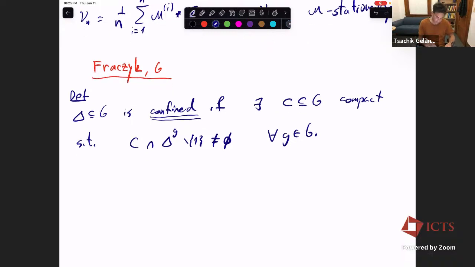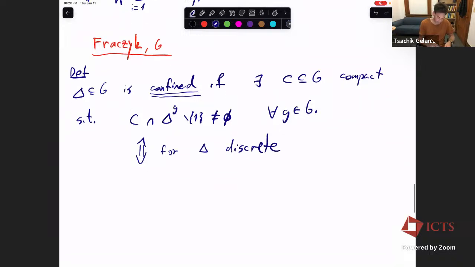So equivalent. If delta is confined, this is equivalent, for delta discrete, to saying that the manifold M, which is G mod K mod delta, suppose that G is semi-simple, has bounded injectivity radius.